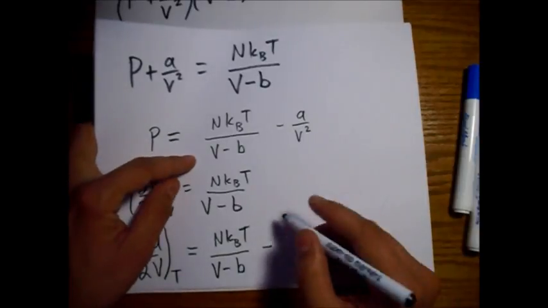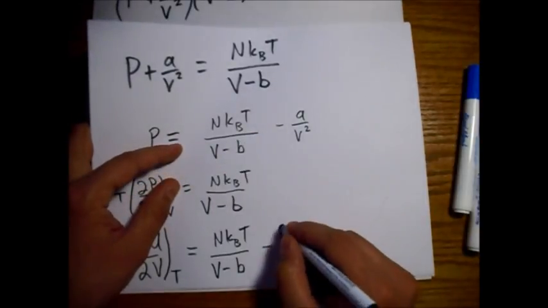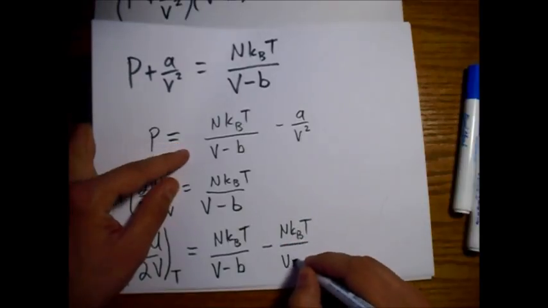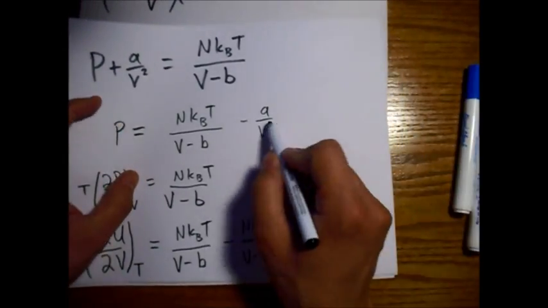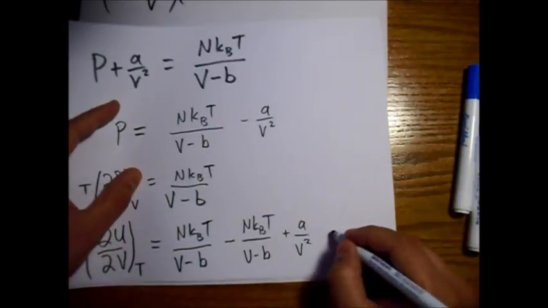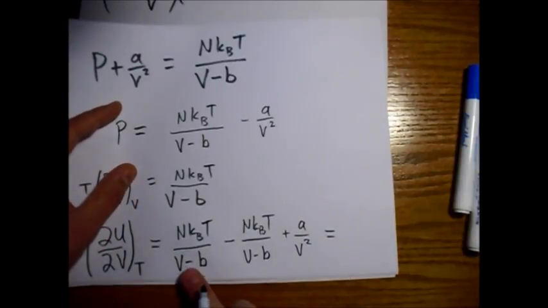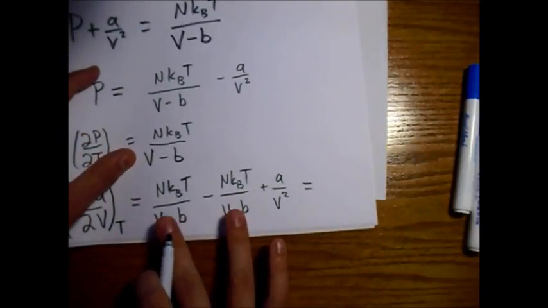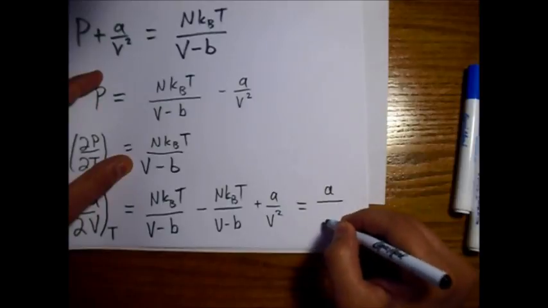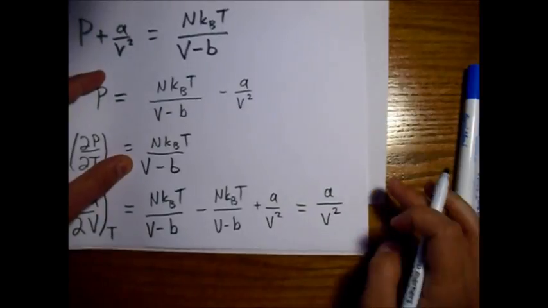So minus that same term, and then minus this, so that's a plus A over V squared. These terms cancel out, and we are just left with A over V squared.